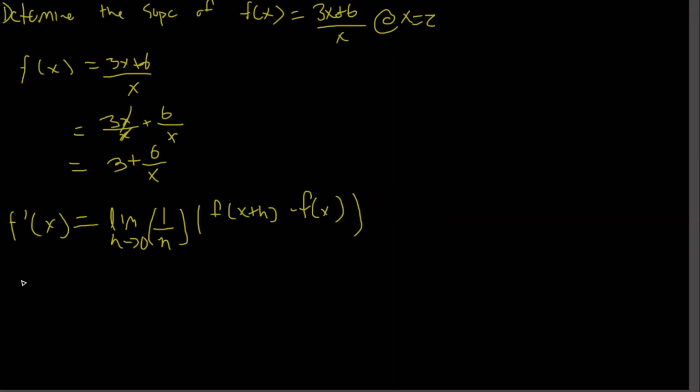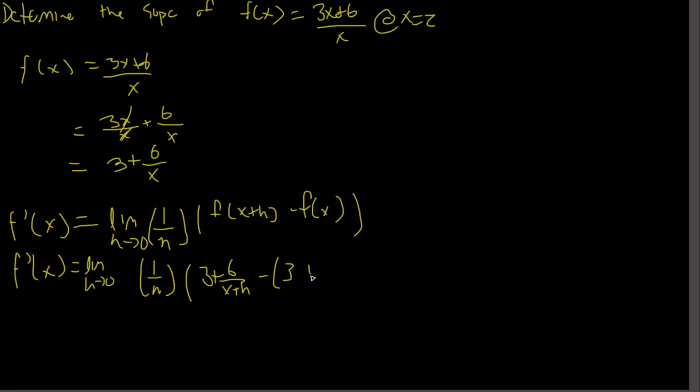And with that, I'll just substitute this again. So f prime at x equals the limit as h approaches 0 of 1 over h of 3 plus 6 over x plus h minus 3 plus 6 over x.